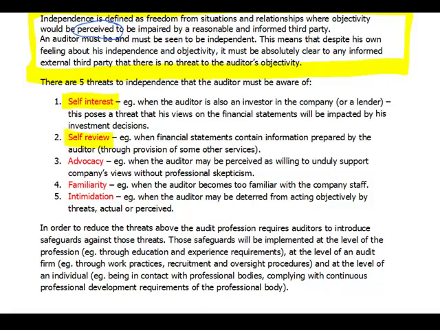Another threat is a self-review threat. That might happen when financial statements contain information that was somehow prepared by the auditor. The auditor might have, for example, in the past provided some valuation services on items of property or on companies if there were business combinations.